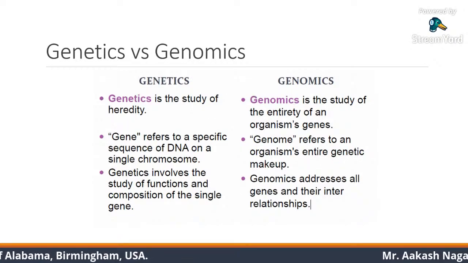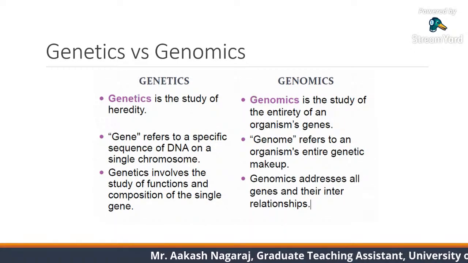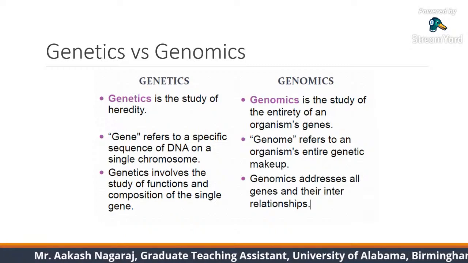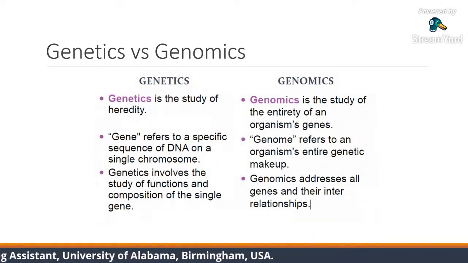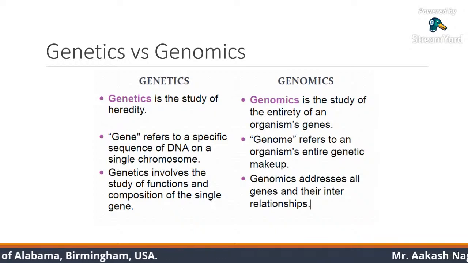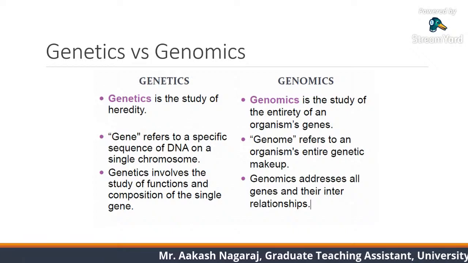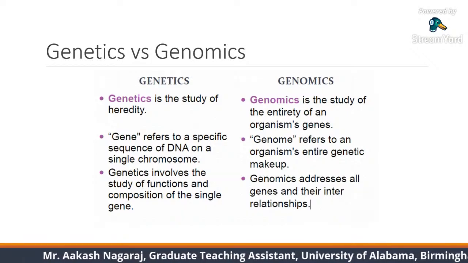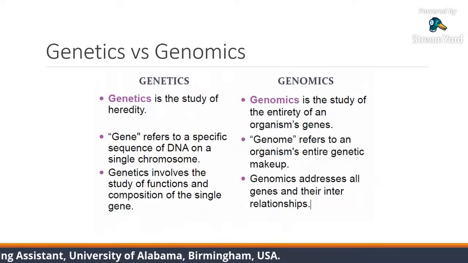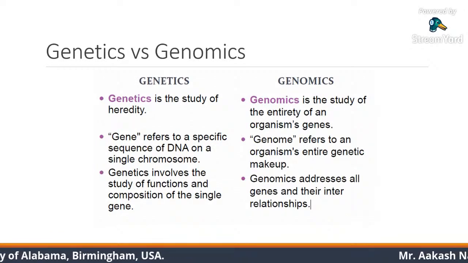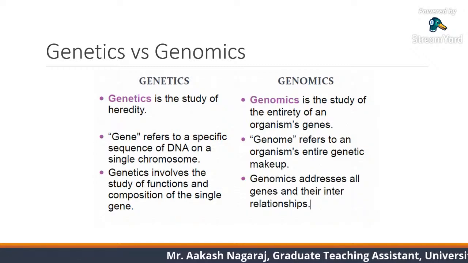Let's see a little bit about the difference between genetics and genomics. So genetics is specifically the study of single genes. Genetics is used to study the function of a particular gene. We sequence the gene and study the gene using a variety of tools, while genomics, on the other hand, refers to the study of all of the organism's genes together.